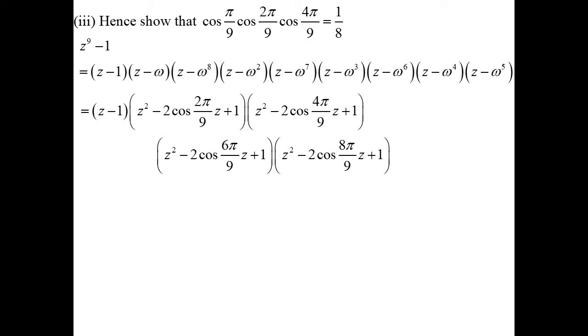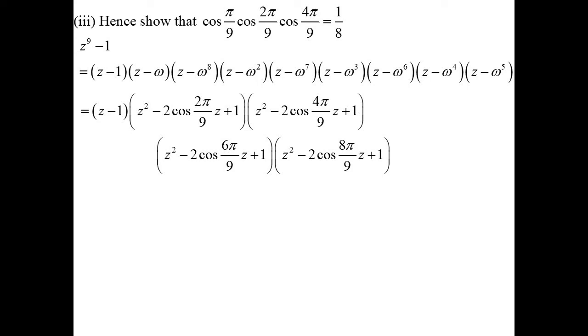In the third pairing, twice cos 6 pi on 9. In the fourth pairing, twice cos 8 pi on 9. Okay. Product of the roots, real part squared plus the imaginary part squared. Sine squared plus cos squared, 1. So we get 1, 1, 1, 1, 1 in all of them.